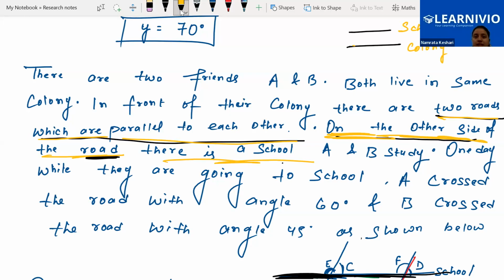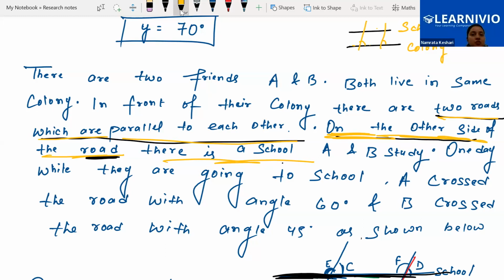They are living in the same colony, so from the colony they are going to school. Obviously they have to cross this path to go to the other road. They have crossed by maintaining an angle, and that angle is given as one is crossing like this, another is crossing like this. This situation is given over here.